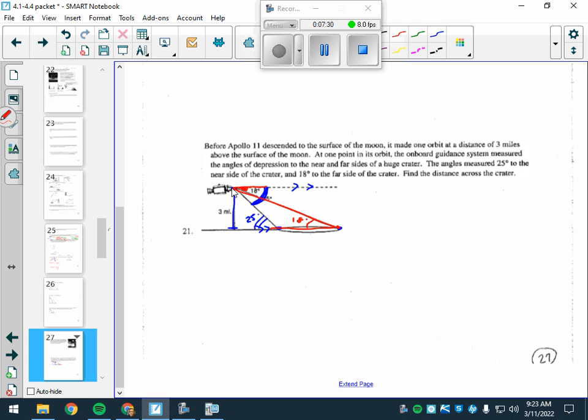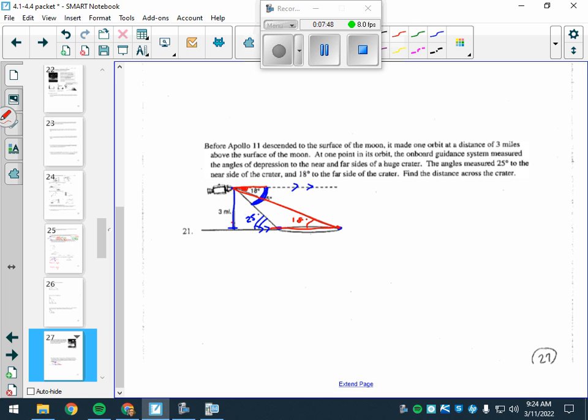So just like we talked about the other day with the angles of depression, when you're looking down, a lot of times what you want to do is switch that angle measure into its alternate interior angle so that it's within the triangles you're dealing with.